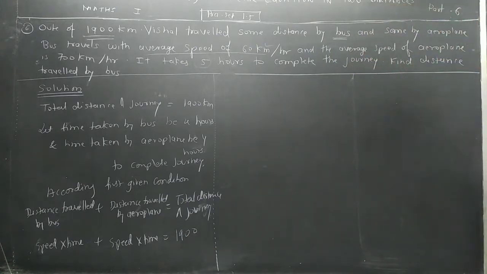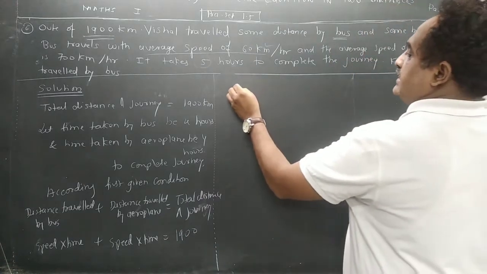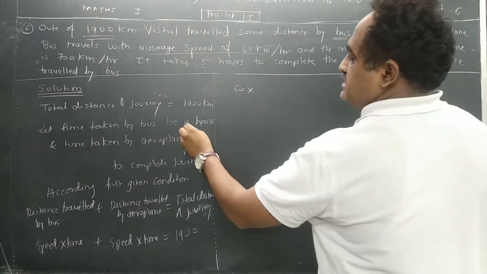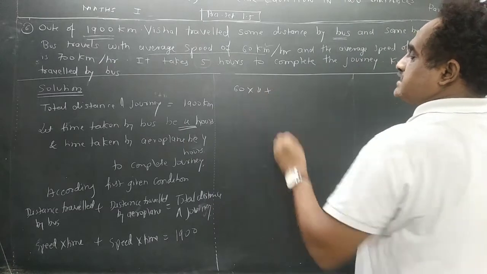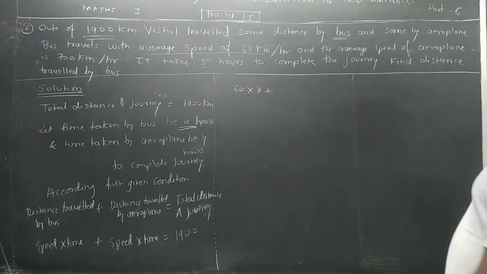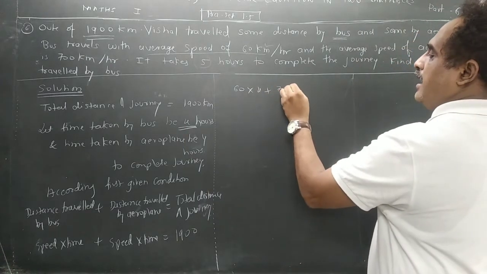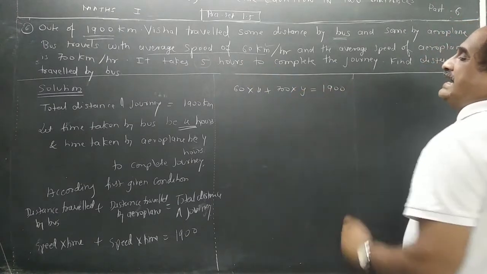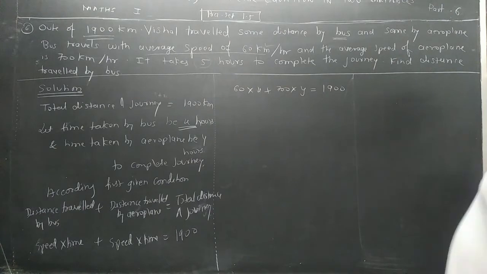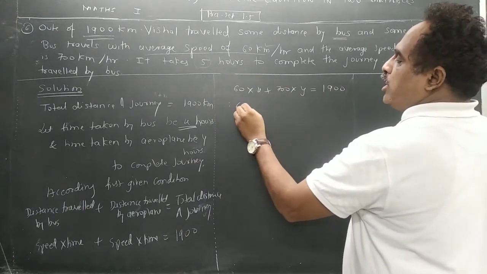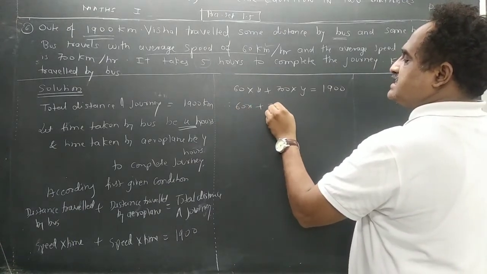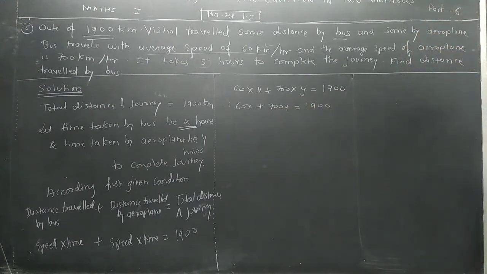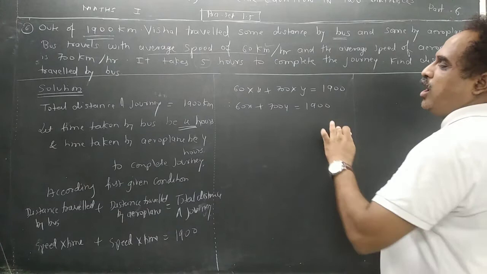What is the speed of bus? That is 60 into how many hours it travels? x. Aeroplane speed is 700 and its time is y, is equal to 1900. So ultimately what did you get? 60x plus 700y is equal to 1900. What should be a common term over here?